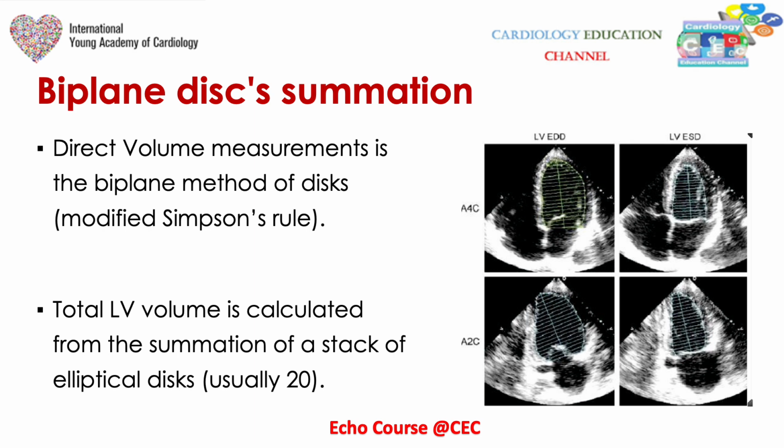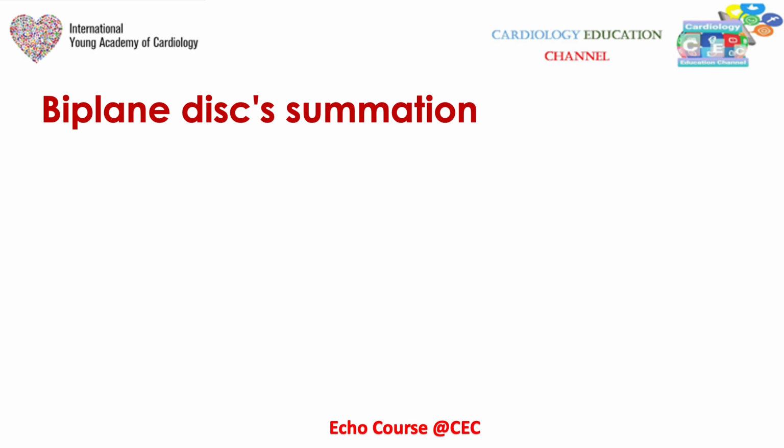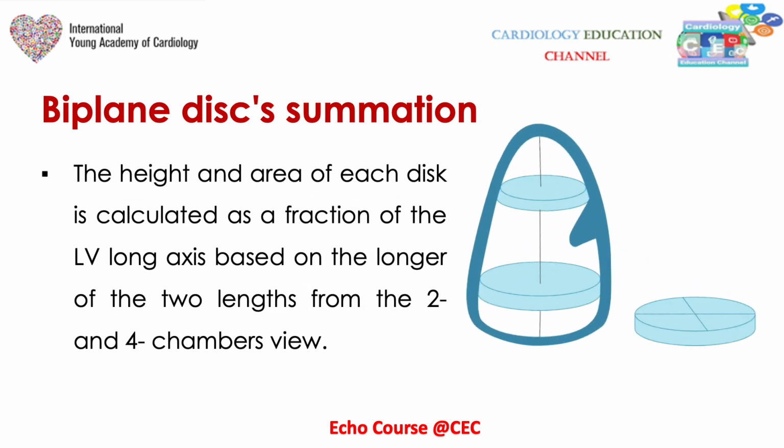The total left ventricle volume is calculated from the summation of a stack of elliptical discs. The height and the area of each disc is calculated as a fraction of the LV long axis, based on the longer of the two lengths from the 2- and 4-chamber views.